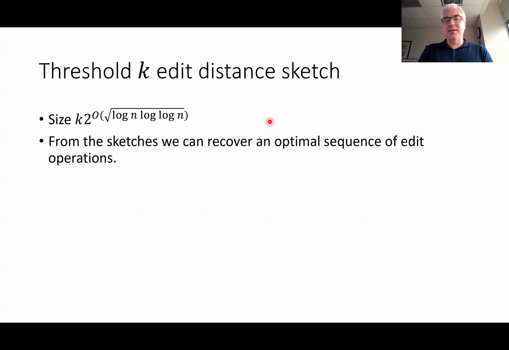And not only does it recover the edit distance, it also recovers the optimal sequence of edit operations. This is a byproduct of our algorithm, because we have to run this algorithm many times. For various splits of those two strings X and Y, we get various candidates for the edit operations, and we run it multiple times and take the majority output.